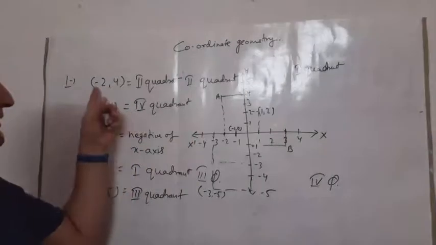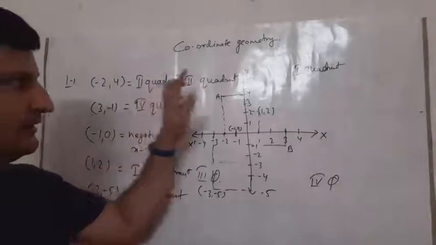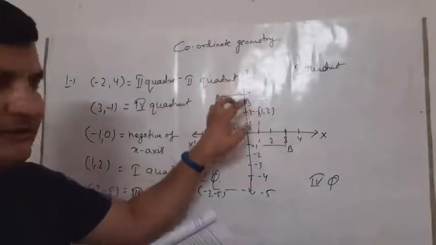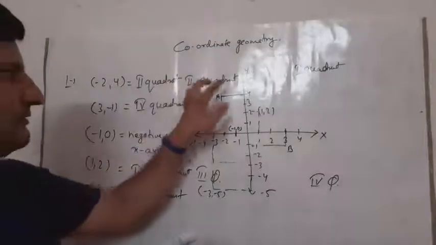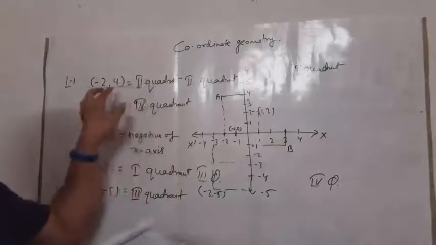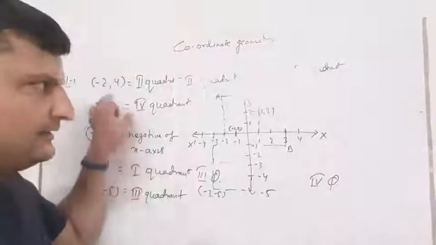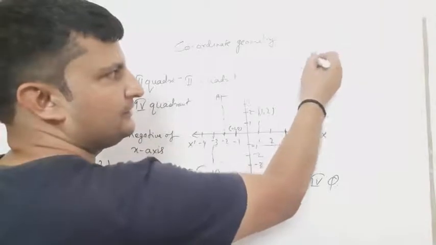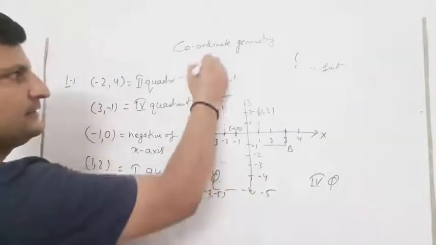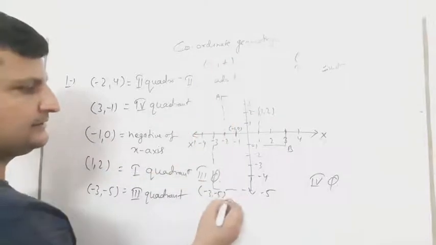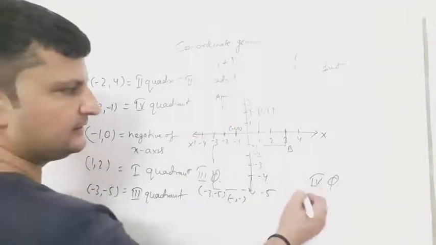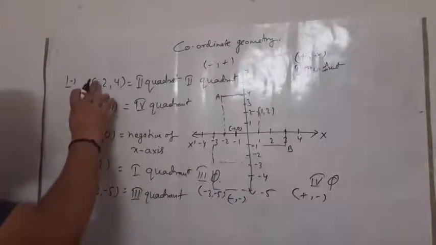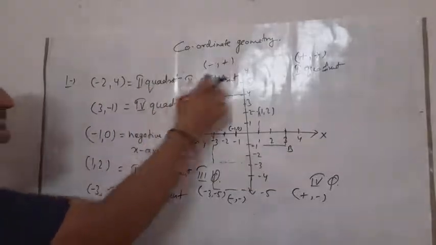If the question does not ask us to locate it in the graph, how can we find the quadrant? In exercise 3.2 I told you the quadrant signs: this one is plus plus, this is minus plus, this is minus minus, this is plus and minus. So we can see the signs: minus and plus lie in the second quadrant.